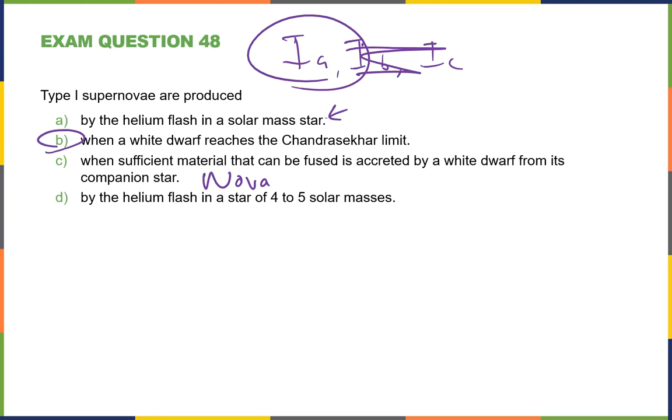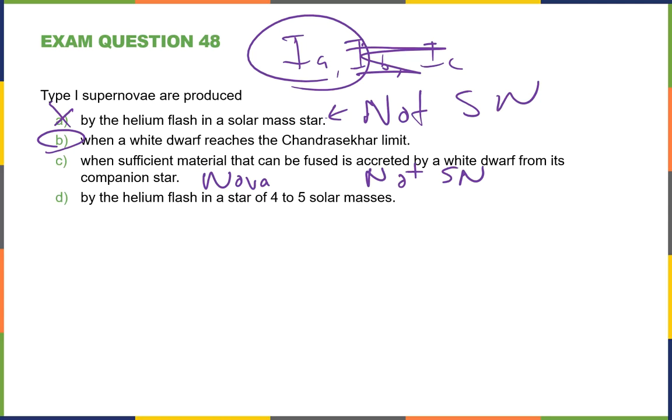So that is not the collapse of a star. It's not a supernova of any type. Sufficient material can be fused and created by a white dwarf with a companion star. That's also not a supernova. It's just a nova. A nova is when the surface of the white dwarf all of a sudden starts having fusion on the surface.